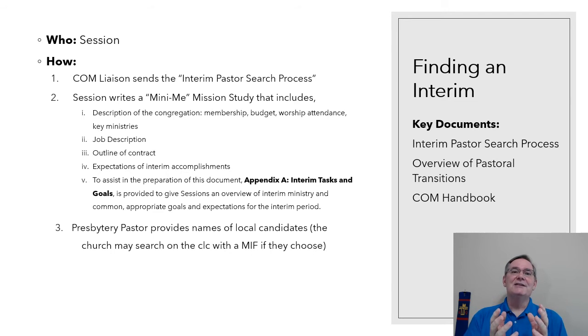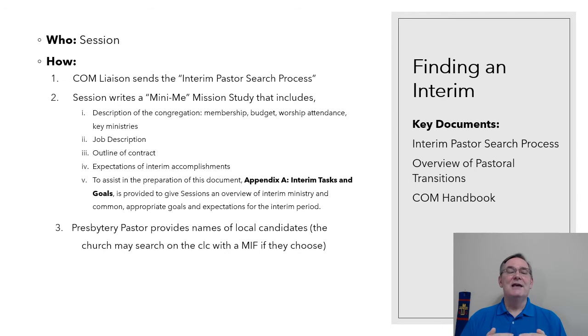So once the session has that mini-me mission study put together, they send it to the Presbytery pastor, and then for most circumstances, I try to find between 2 to 5 really good candidates for them. Usually these people are from our own region, either our own presbytery or our sister presbytery.